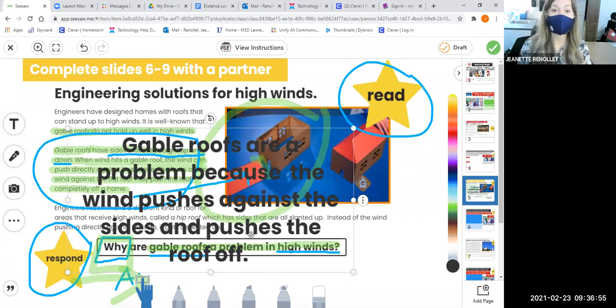All of this is text evidence. We talked about how the wind pushes against the sides and pushes the roof completely off the home. Notice that I said it in my own words.